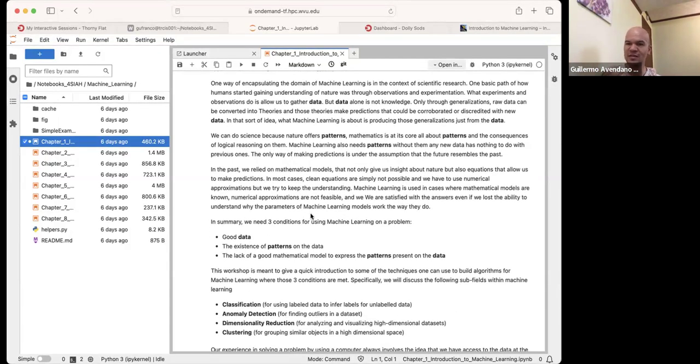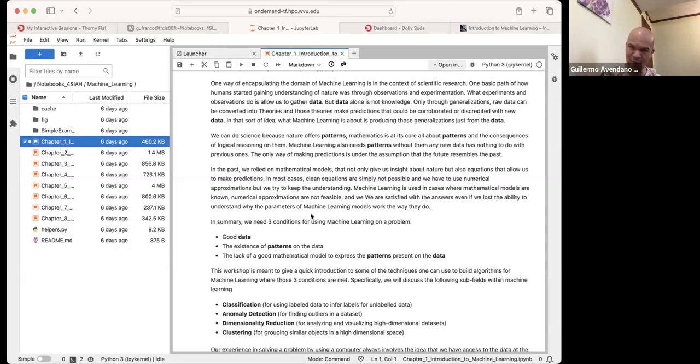So for that, we need some preconditions, if you like, for creating a good machine learning process. So first, having good data. If you have crappy data, let's say you have data with a lot of errors, and you don't have a very clear procedure of how to clean the data or how to insert that uncertainty into the model, you will get very crude models for that.